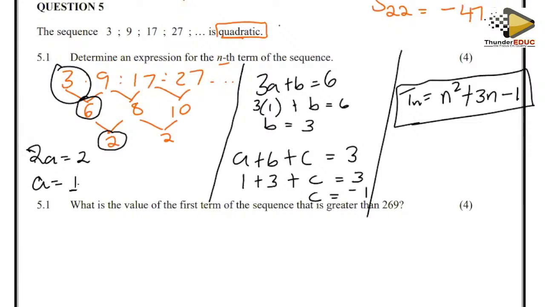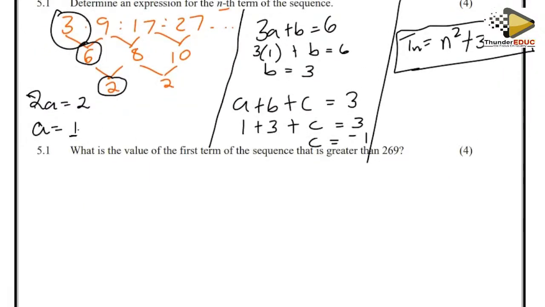(5.2) What is the value of the first term of the sequence that is greater than 269? In this case, we know that probably 269 is not part of the sequence, but we need to find the value of the first term that is greater.